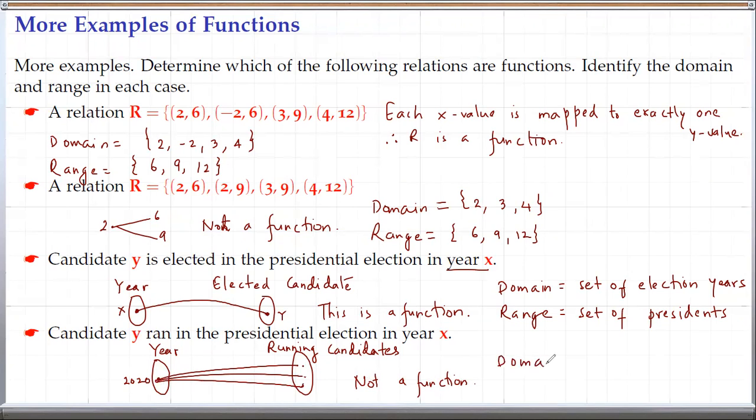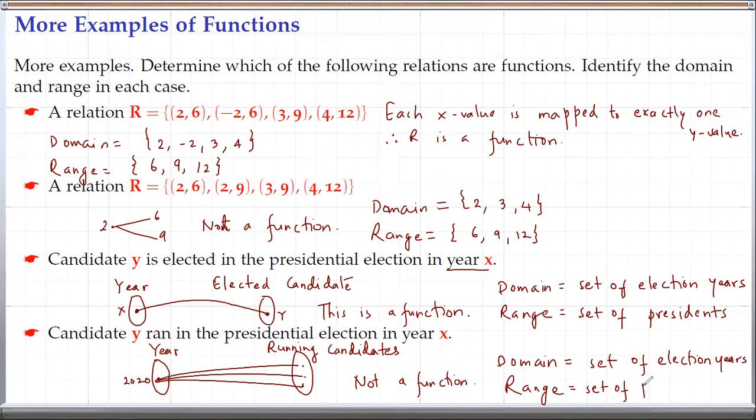Again, we can describe the domain and range here. The domain is simply the set of election years. And the range is all the candidates that ran in all the elections.